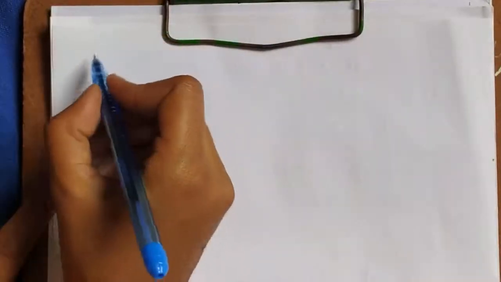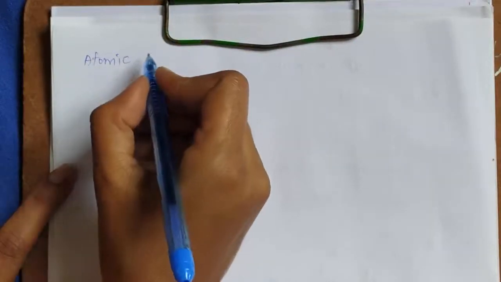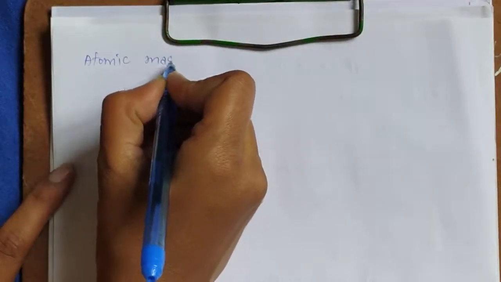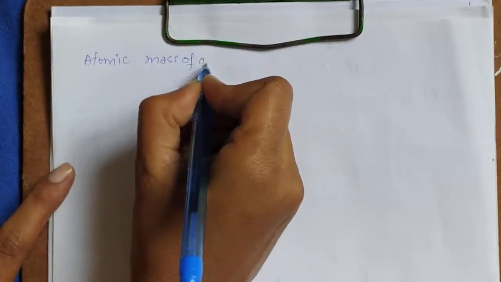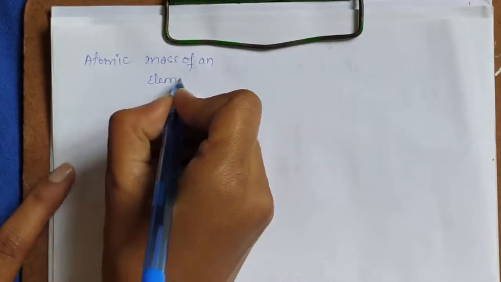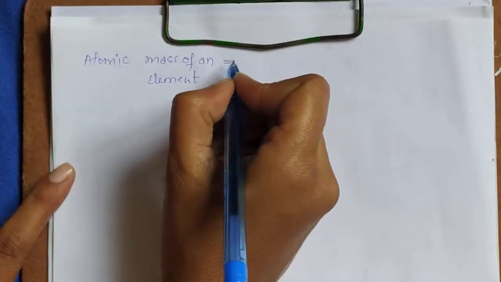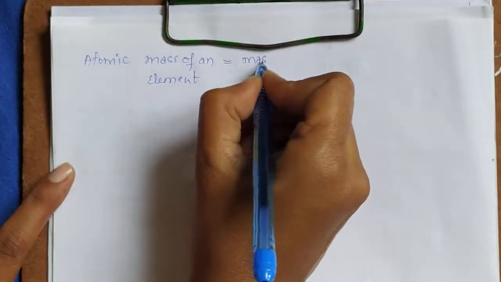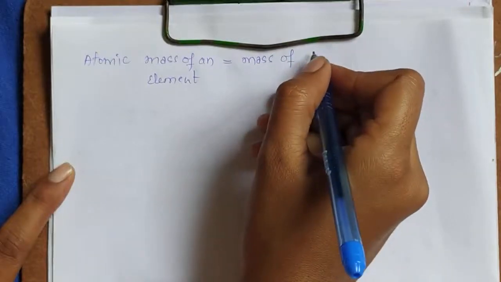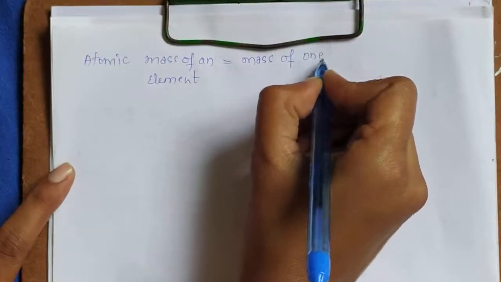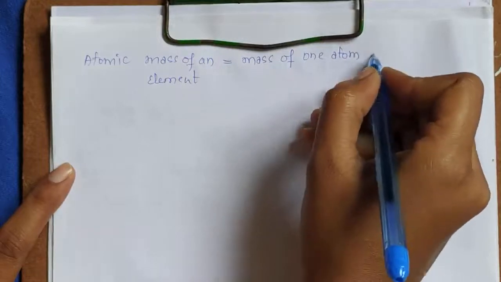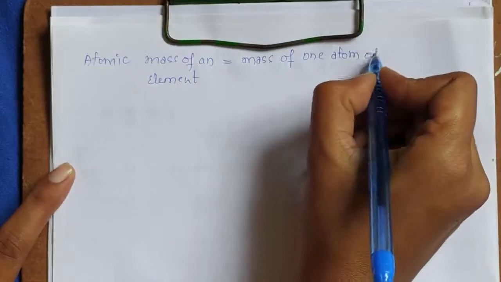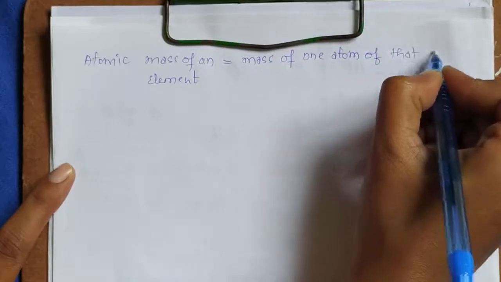Children, the atomic mass of an element is equal to the mass of one atom of that element.